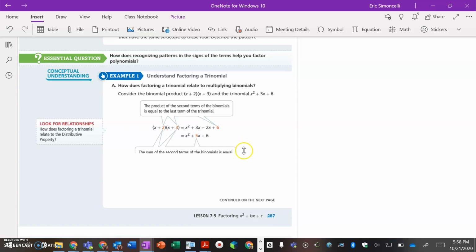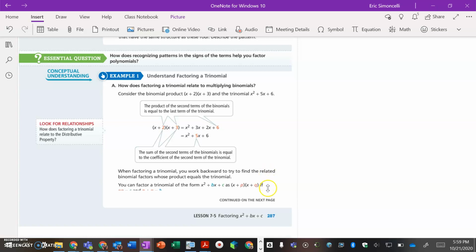You can see that the sum of the second terms of the binomials is equal to the coefficient of the second term of the trinomial. Again, 2 times 3 gives us 6, 2 plus 3 gives us 5. When factoring a trinomial, you are working backwards to find the related binomial factors whose product equals the trinomial.